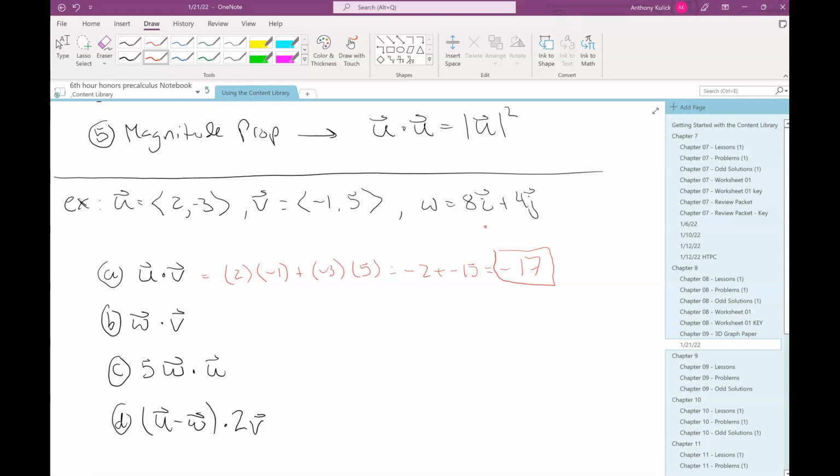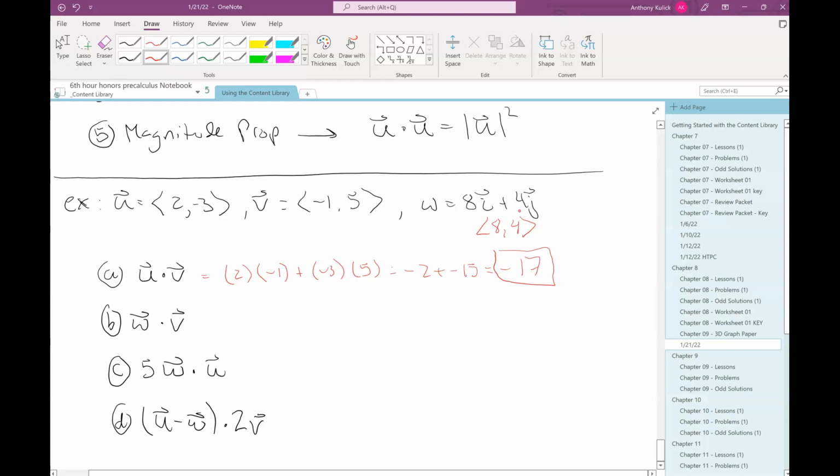B, I have w dot v, and oh no, w's in that kooky linear combination form, but v is in component form. What should I do? I'm just going to convert w into component form to make this easier. That's just going to be 8, 4, since the i is basically just the x component, the j is basically just the y component.